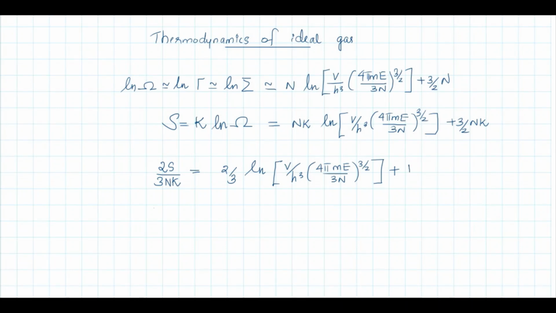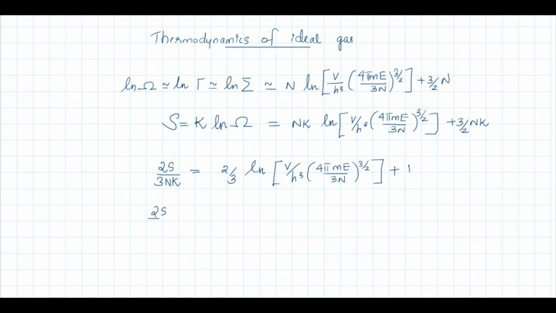Is it clear? Multiply with 2 by 3 and divide with N k. Then the final term becomes 1. Here it becomes 2S by 3 N k. Here this N k will cancel and you will get a 2 by 3.